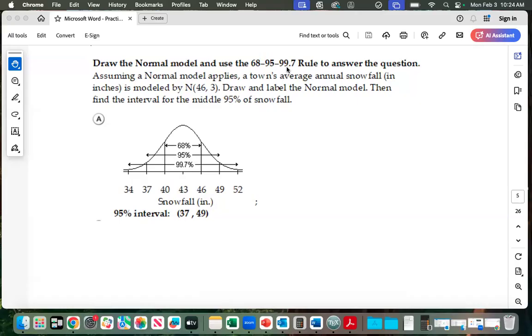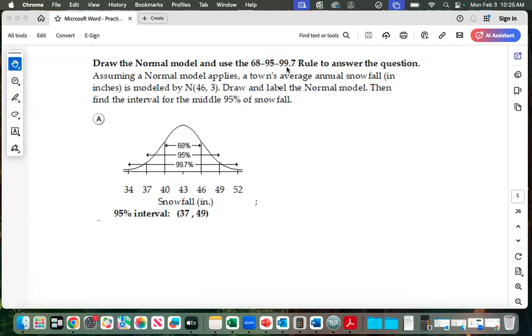So the 68 rule says mu minus standard deviation and mu plus standard deviation, which gives 46 minus 3, 46 plus 3. What do we get? We get 43 and then 49, isn't it?